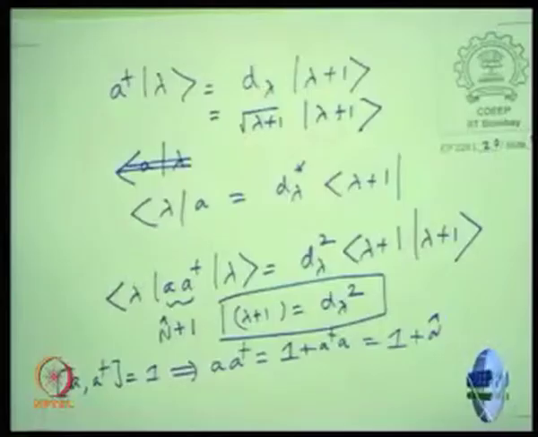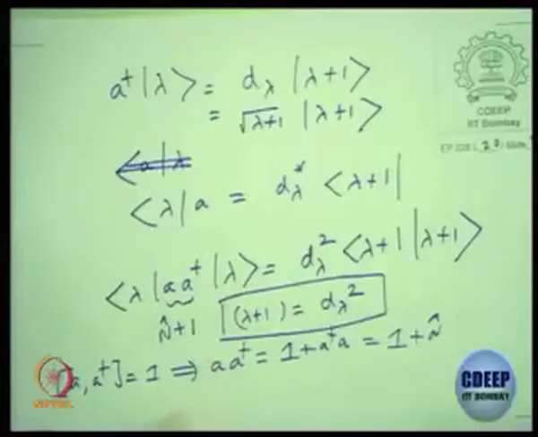Clear? Can now check a dagger a on lambda is lambda times lambda, whether that is also happening. You can see that that will also happen. You can check that out.